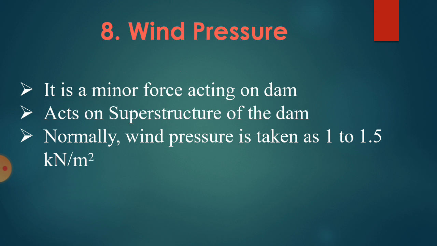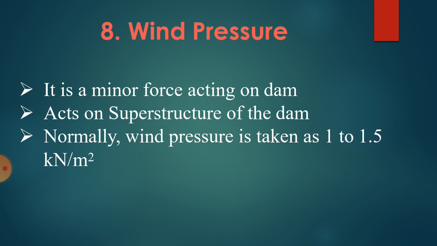The next force that is acting on the gravity dam is the wind pressure. It is a minor force acting on the dam. It acts on the superstructure of the dam, and wind pressure is required to be considered only on that portion of the structure which can be exposed to the action of the wind, that is the superstructure.